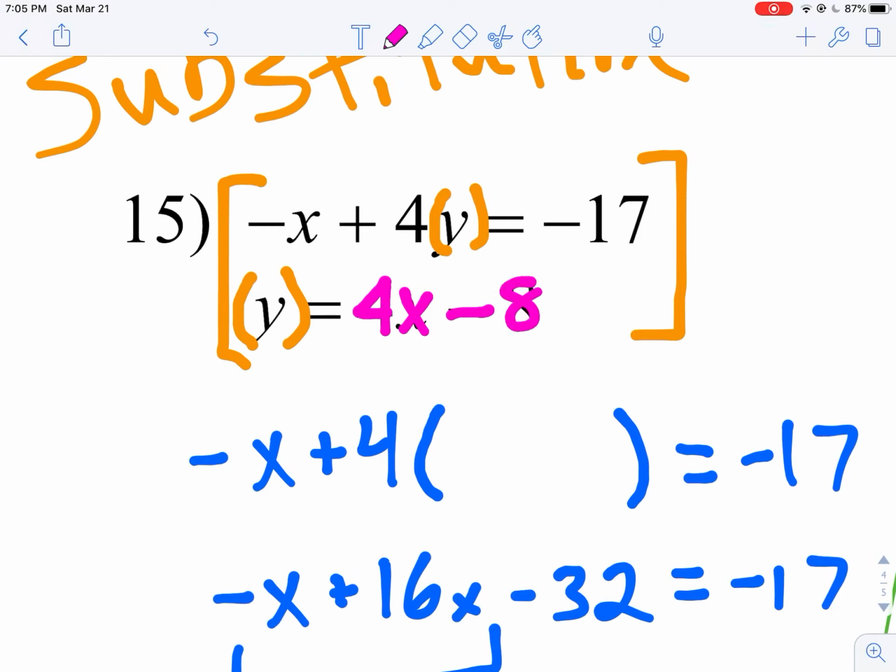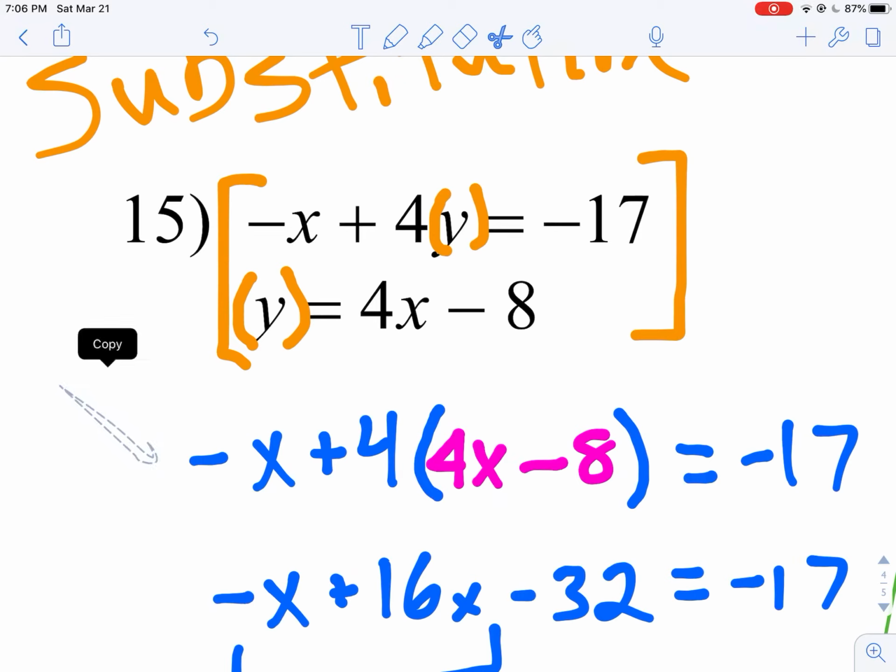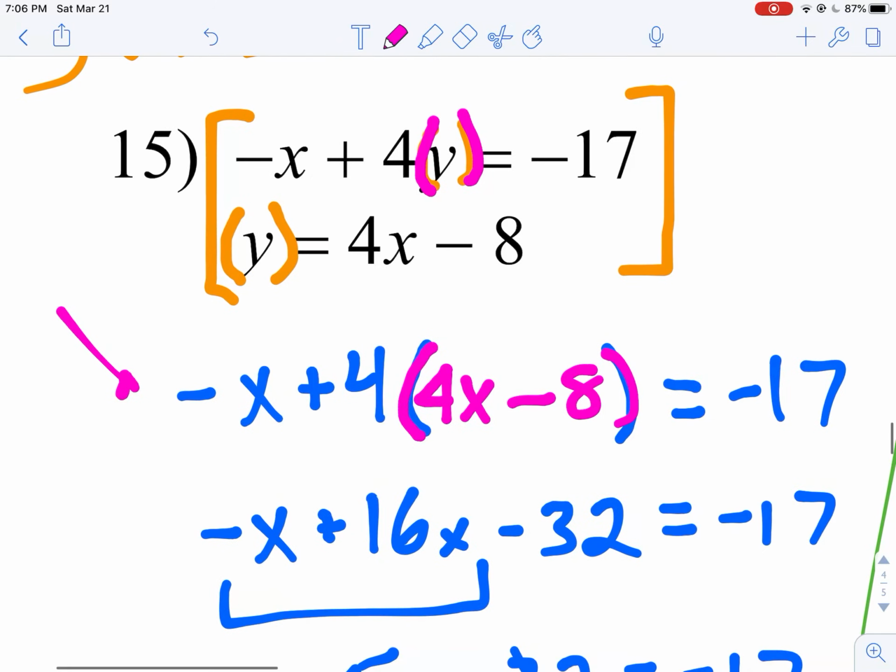And we're literally going to substitute 4x minus 8 into where the y would have been from the top equation. Down here, all I did was rewrite the top equation, negative x plus 4, and then I took out the y and plugged in 4x minus 8.